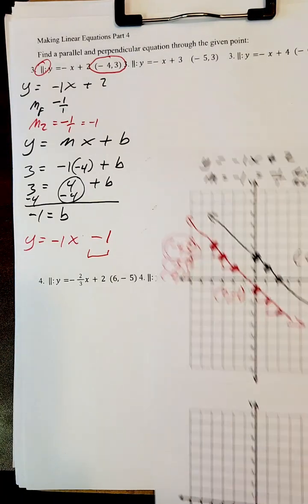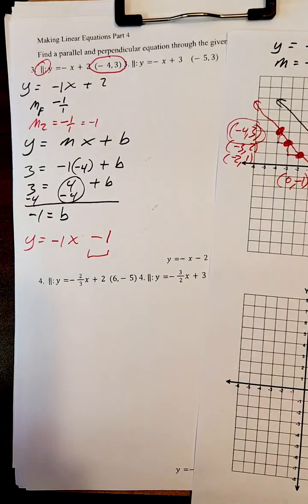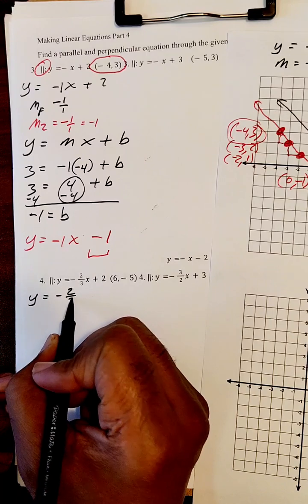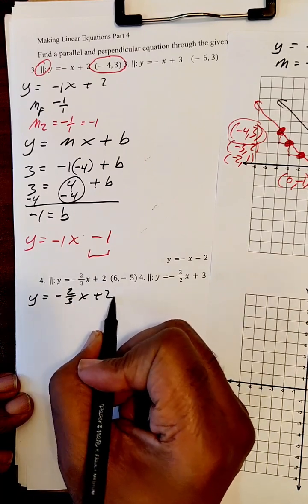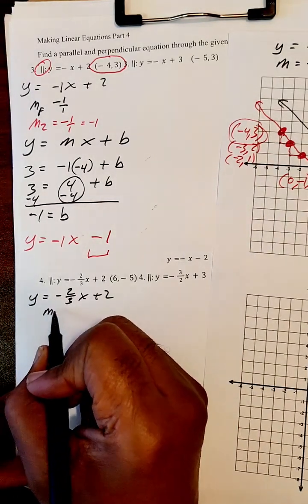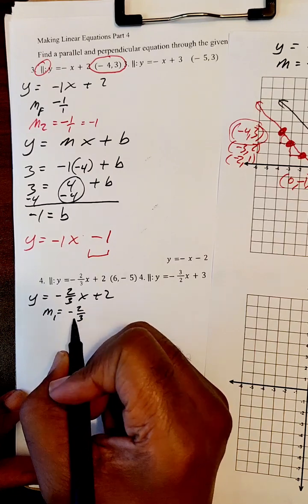Next, we have y equals negative 2/3 x plus 2. And the slope that we're given here for the original equation is negative 2/3.